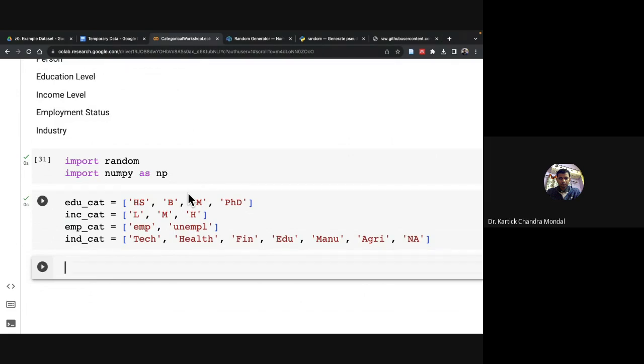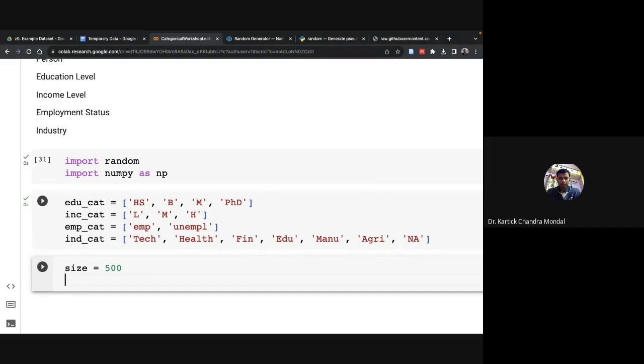Here the size is, say, I want to generate a data set of 500 rows, and for the person I will give an ID sequentially from 1 to 500.